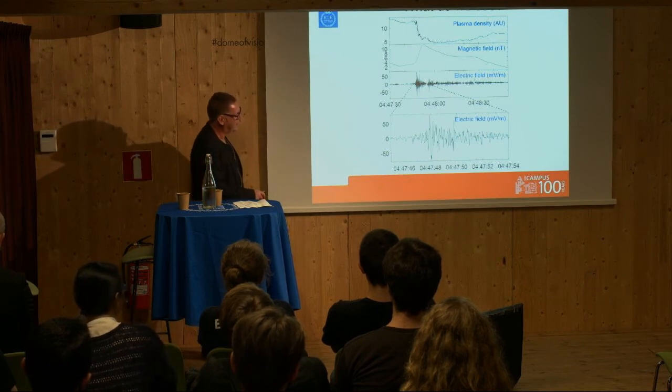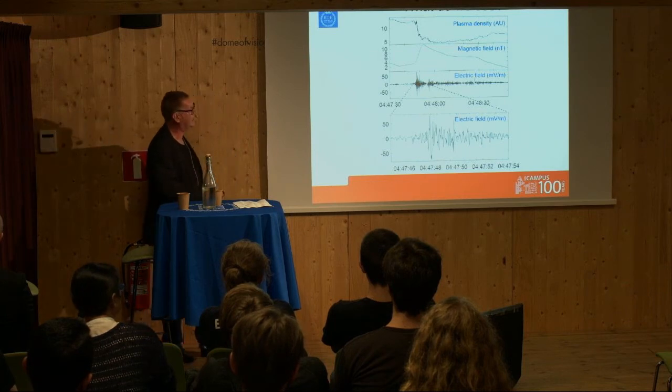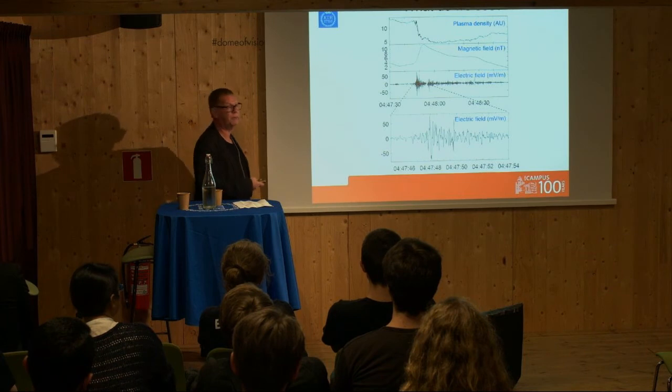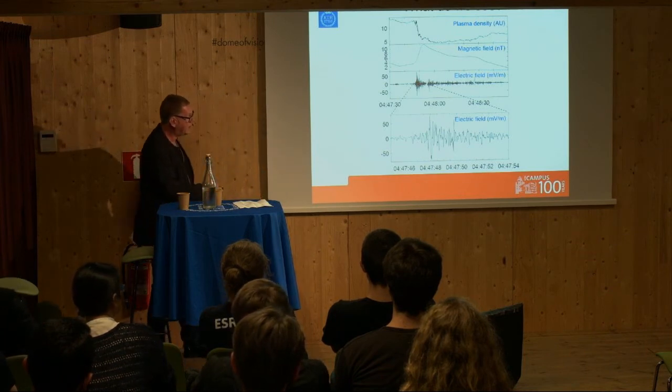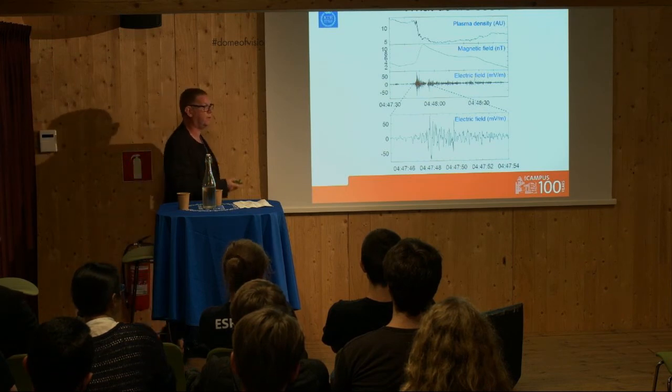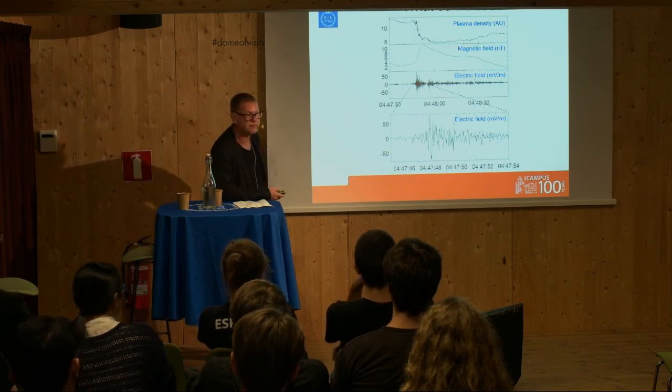And I could calculate this from the magnetic field measurements. I could actually calculate the expected frequency of these waves, and it turned out to be exactly what I expected. So I think these nice waves are an example of the lower hybrid waves.